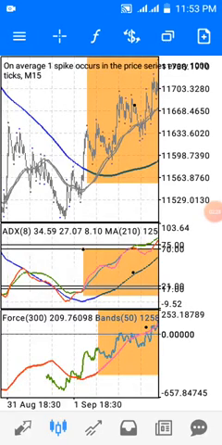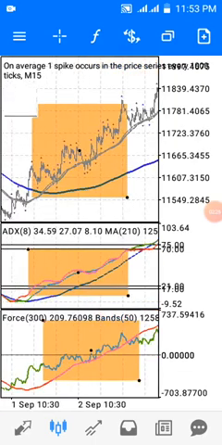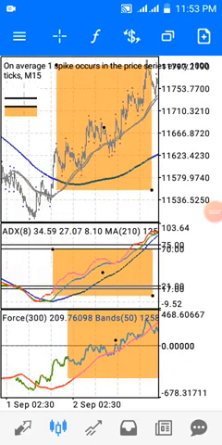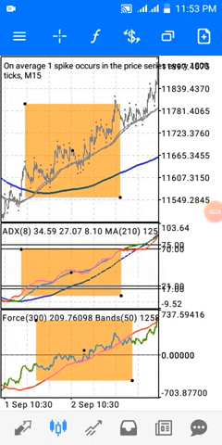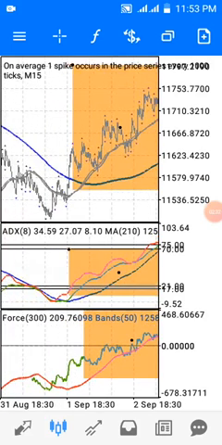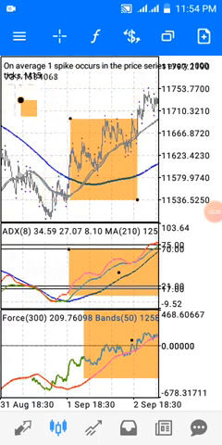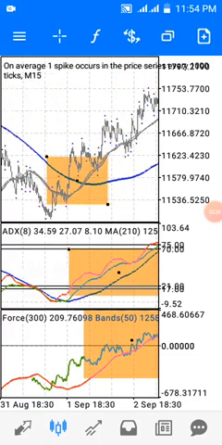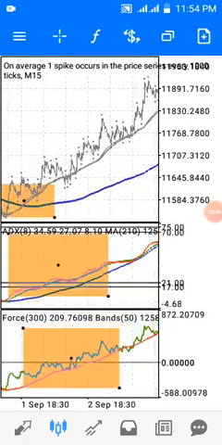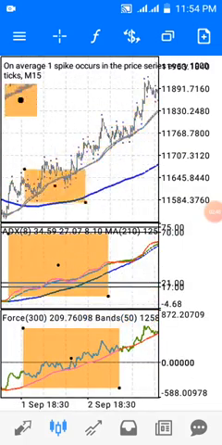So how it works is, when the gray moving averages both cross above the blue moving average, just like I have here, that's my signal that I should go long. There is a cross here, so I go long, I buy.